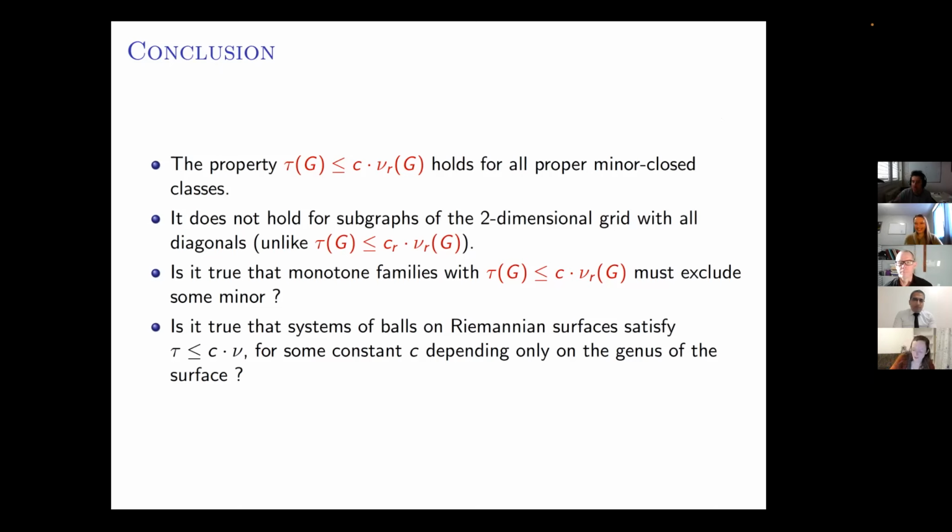Okay. So we somehow discovered at the very end that we couldn't go beyond minor closed classes with this example, subgraph of the grid, but we haven't thought about making the relation slightly weaker than linear. But it's quite reasonable. Your argument about nu and the linear programming relaxation seems to me to show that if you have bipartite graphs of linear neighborhood complexity, that works.